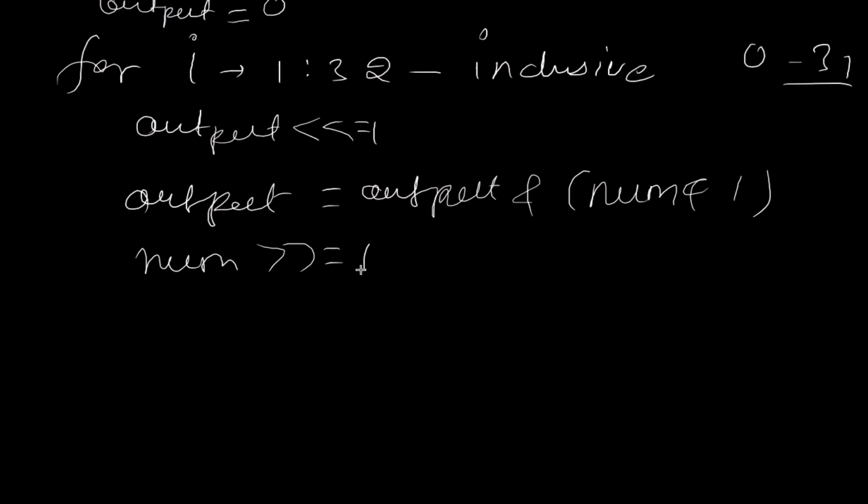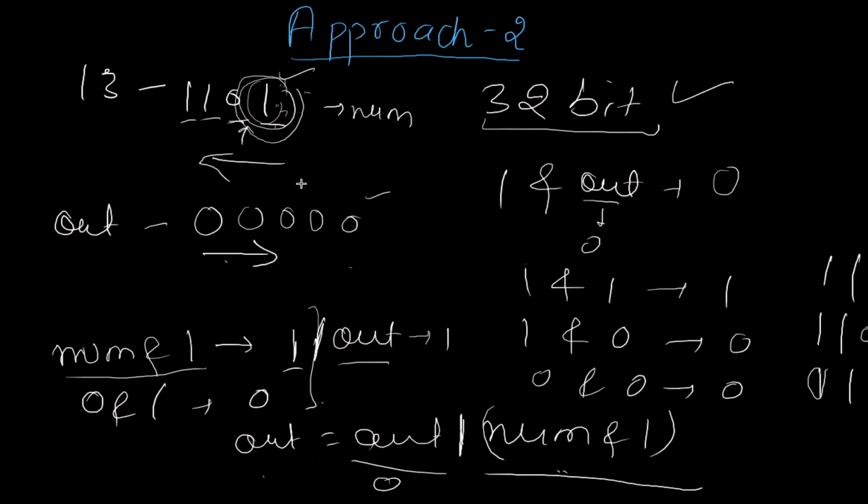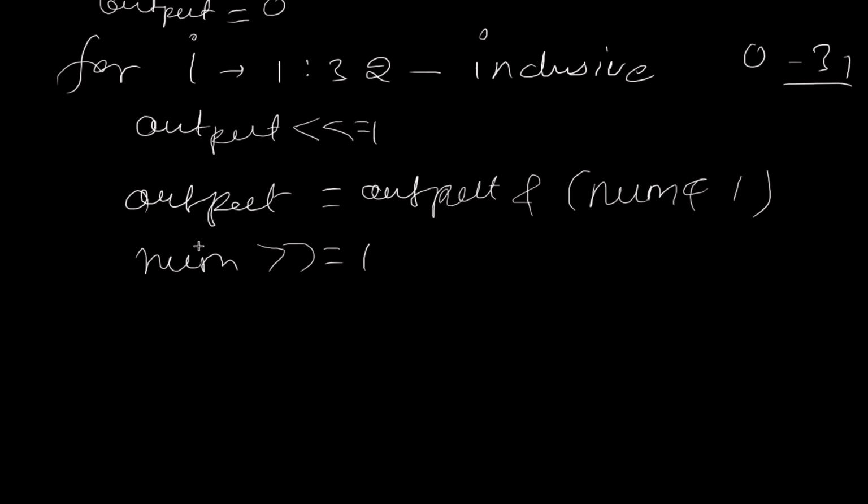So if we shift input to the right side, this will keep going in this direction, and this will keep going in that direction. So in that way we can get our output, like the reverse string will be output, so we can simply return output at the end of our loop. So this will become return output.